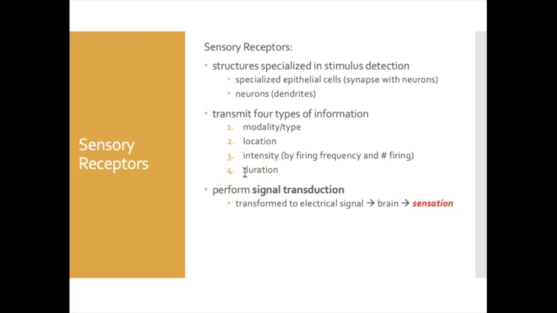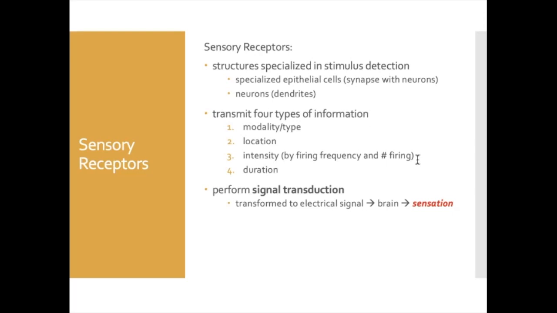Remember, when we talk about the intensity of the information, the receptor is going to alter the intensity of the information that it's transmitting by how frequently it is firing along the afferent sensory nerve and the absolute number of firings. Okay, so there's a difference between a pressure receptor receiving a small amount of pressure and a large amount of pressure.